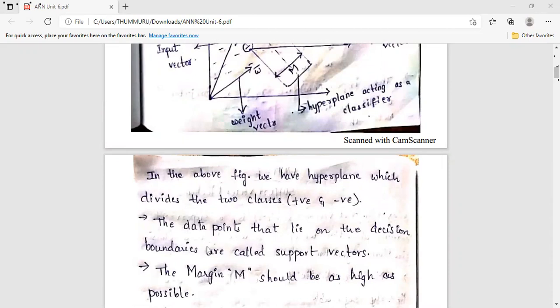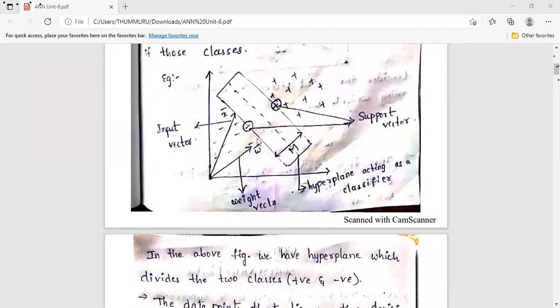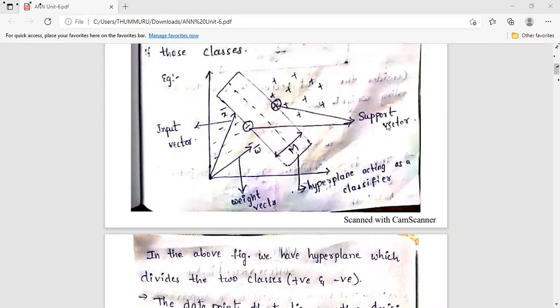This is decision boundary 1, this is decision boundary 2.